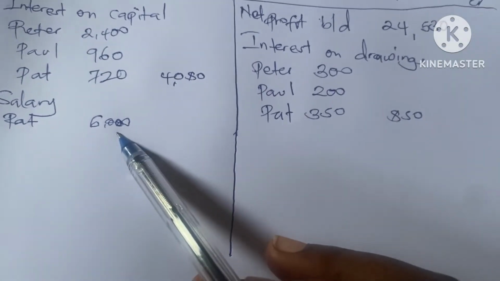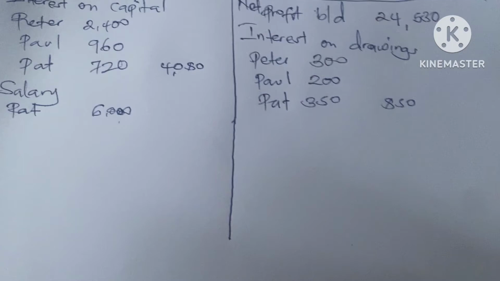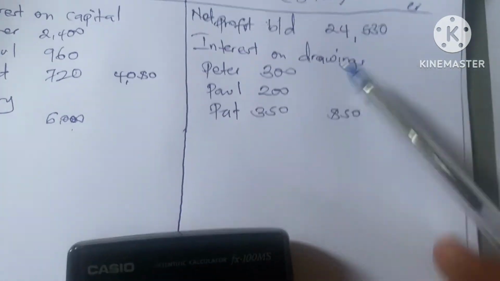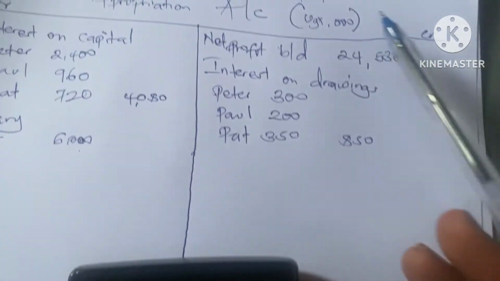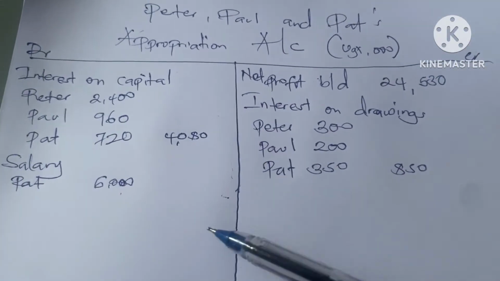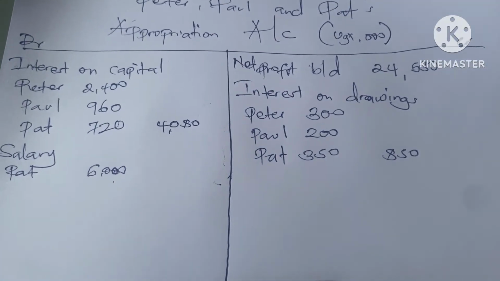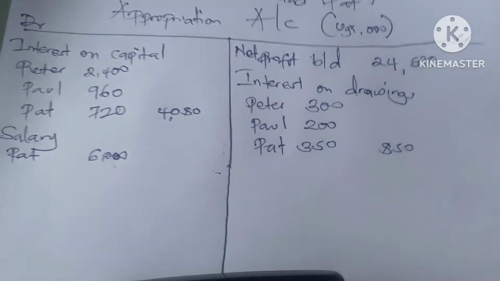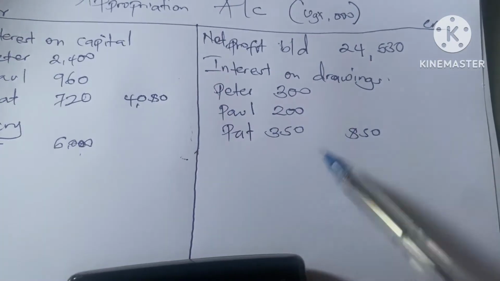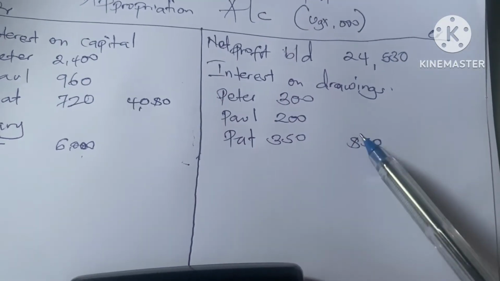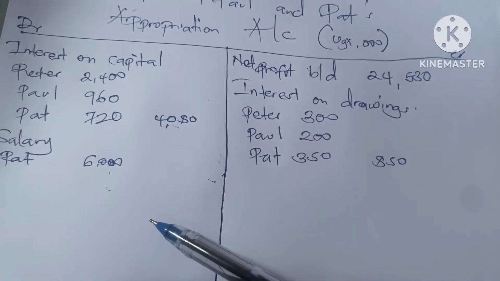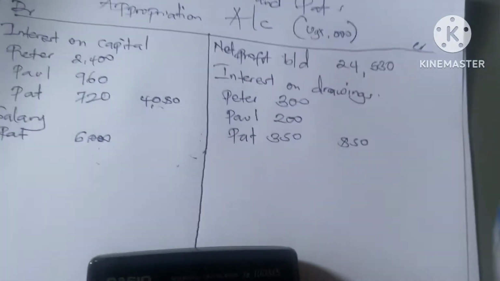This plus this is 10,080. Then this side is greater than this side. When the credit side is greater than the debit side, it means that it is a profit. When the debit side is greater than the credit side, it means that it is a loss. In this case, the credit side is greater than the debit side, meaning it is a profit.